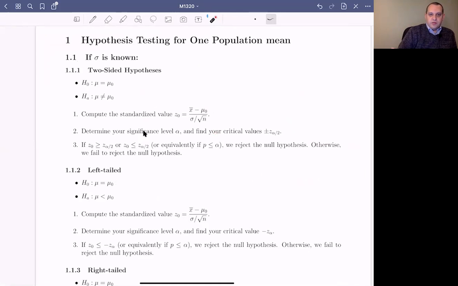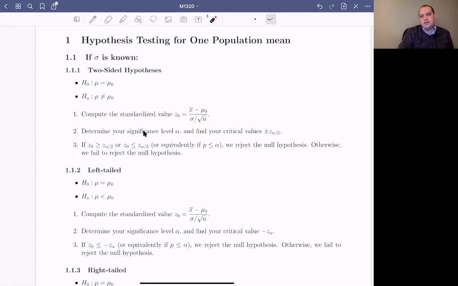And then that tells you what to do. Or equivalently, you can compute the standardized value and then from that determine the p-value of that data. And we'll talk about examples on how to do both of those. Okay, so this is how hypothesis testing is going to work if the population standard deviation is known.